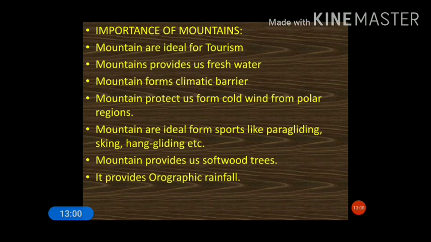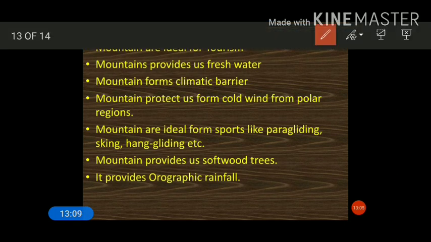Fourthly, mountains form a climatic barrier. They divide two climatic zones. Let us take the example of the Himalayan mountain range. To the north of the Himalayas, during the winter it becomes very cold, and the temperature may drop to -5 to -10 degrees Celsius.